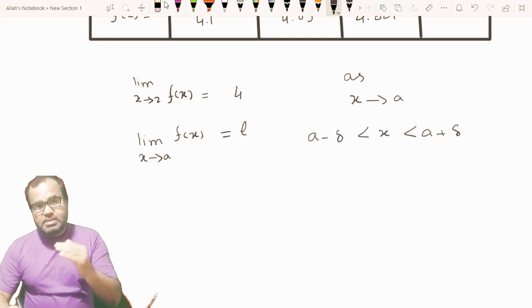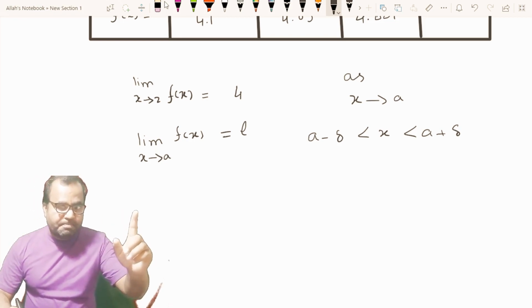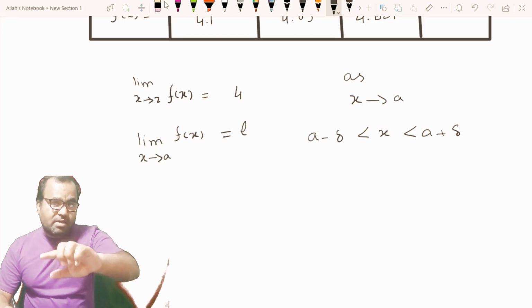A minus delta means the left side, and a plus delta means the right side, just like the left and right sides of 2.